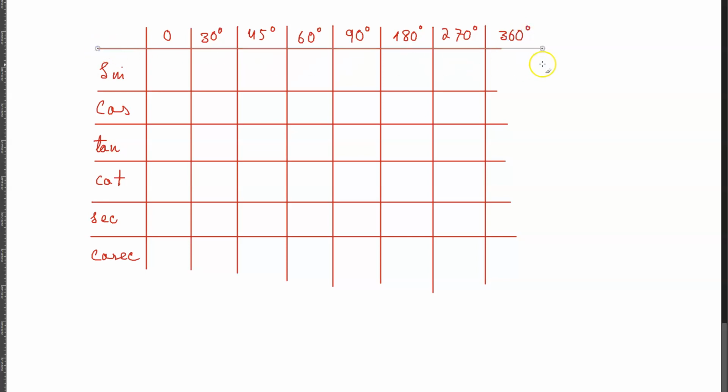To create this table from scratch, you need to know basically the sine and cos of all of these angles, right?